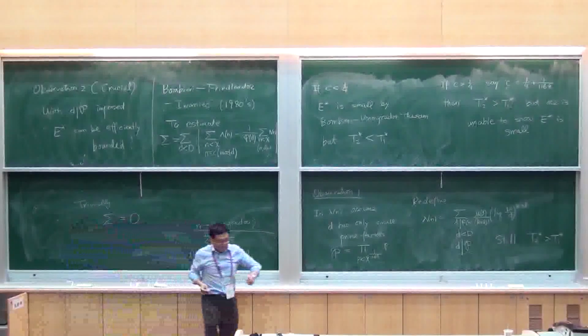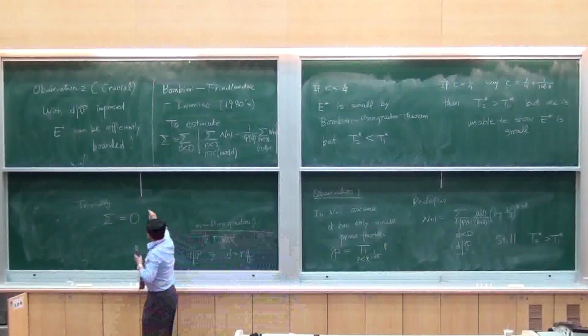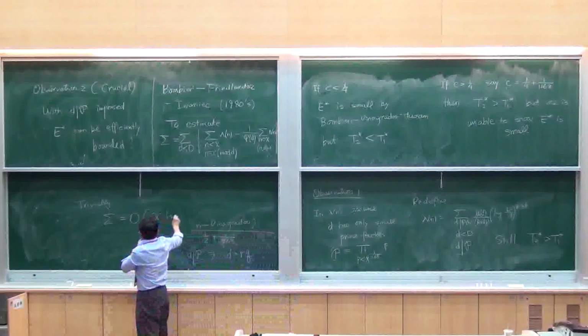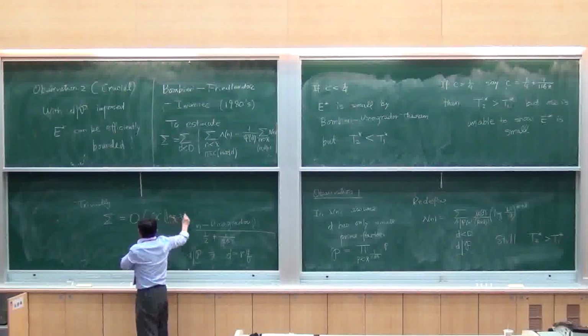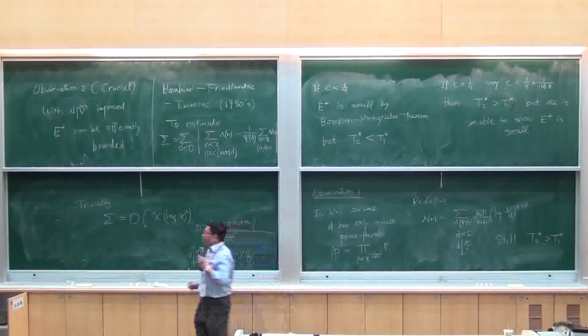If we use the Vinogradov notation, maybe it's different. Maybe at most we have the power of this one, right?